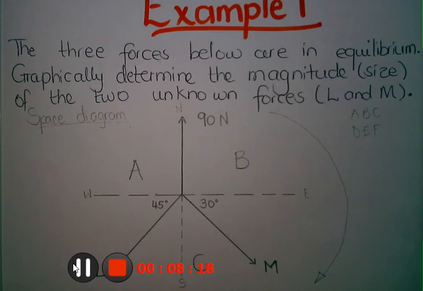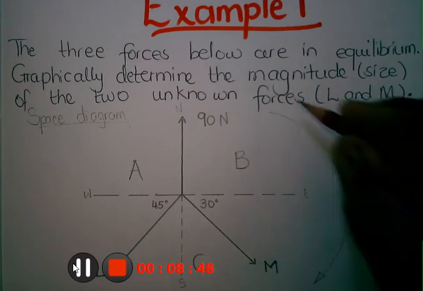Now the next thing that you need to do is to determine the shape of your triangle. So the shape diagram helps you. It's a little diagram that you do not draw to scale, but it helps you to determine which shape your triangle will take, or how you will draw your triangle, and which side the triangle will face, all those things.